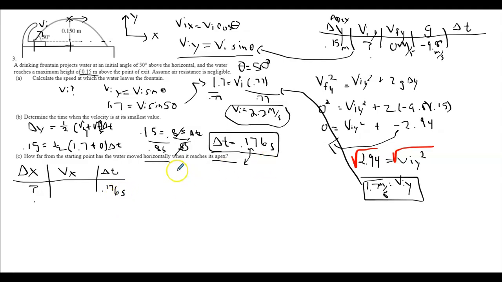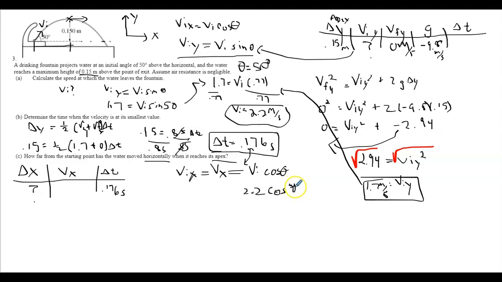And then V_x is the same as V_ix because it doesn't accelerate horizontally. So V_x equals V_ix, which is V_i cosine theta. V_i was the 2.2 value, that's the overall initial velocity, and we have cosine of 50 degrees.